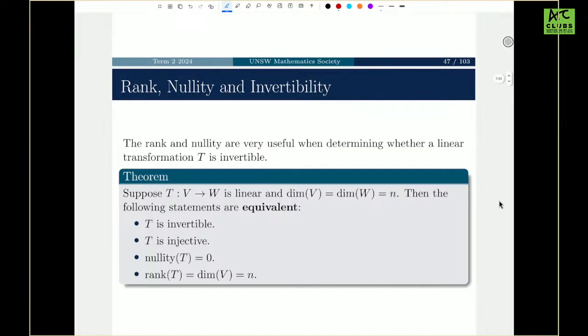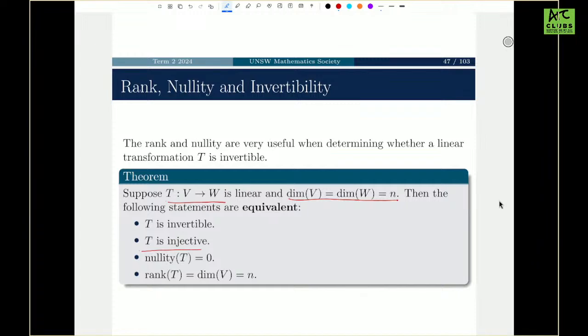Okay, and these things are important for knowing if a transformation is invertible. So suppose we have a transform from V to W where V and W have the same dimension. Then the following things are equivalent.